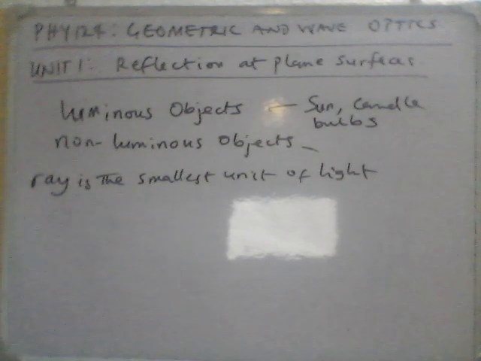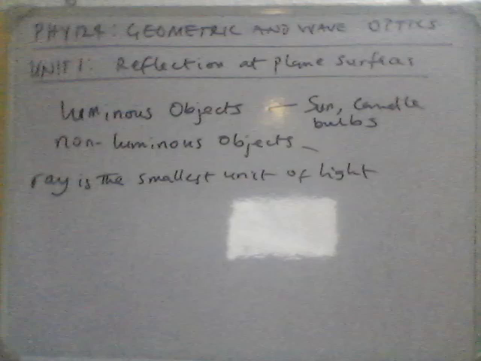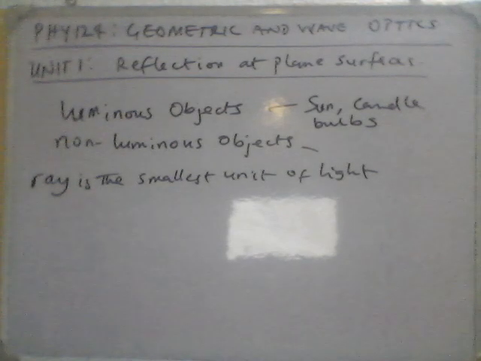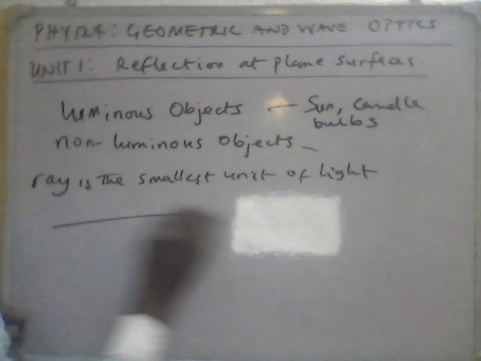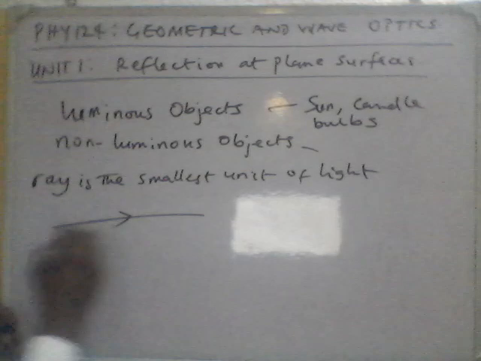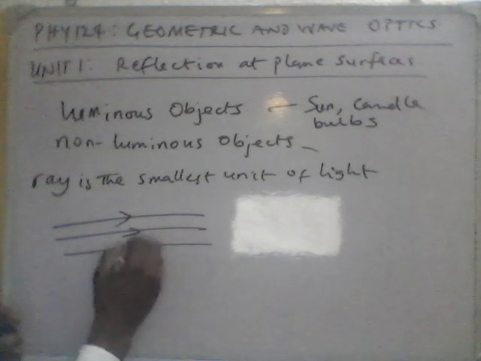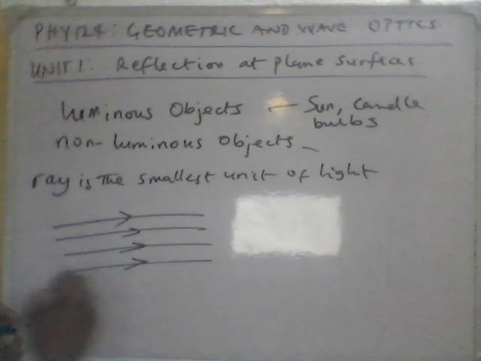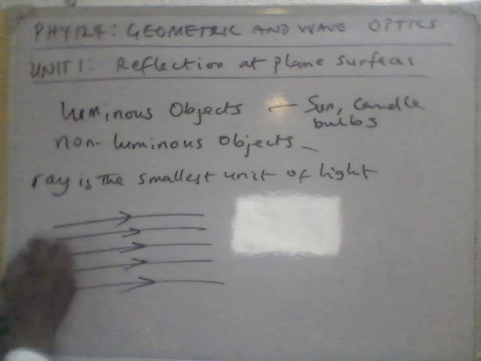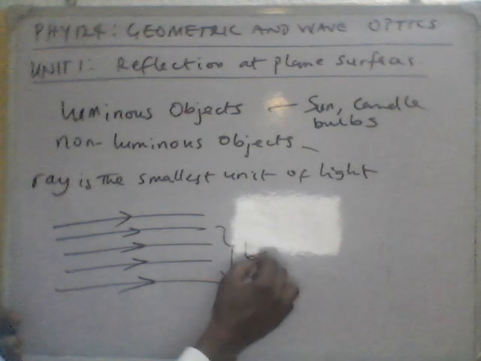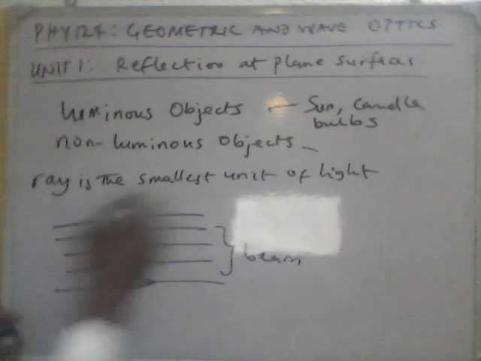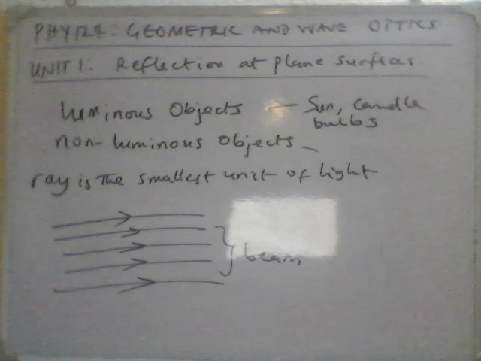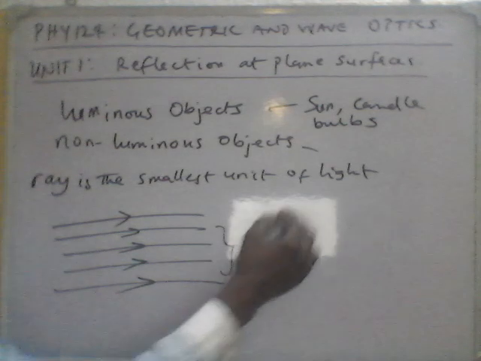But a beam now is a collection of rays. If I have one ray of light like this, a beam is a collection, so if I have something like this, this can be called a beam. I know that light travels on a straight line. So a beam is a collection of light rays, and it can be parallel.